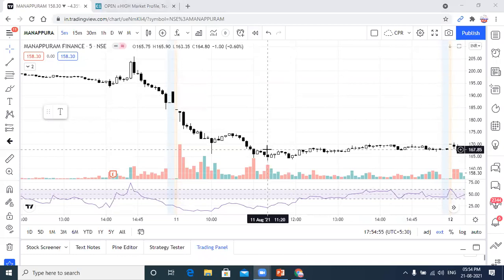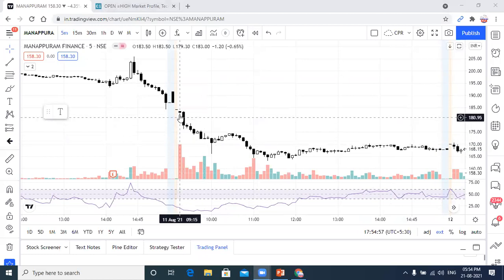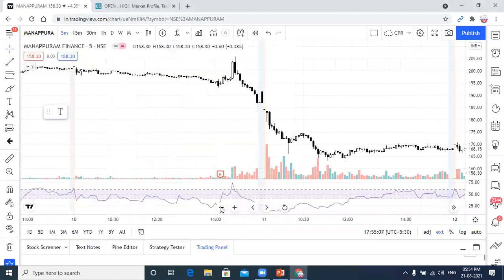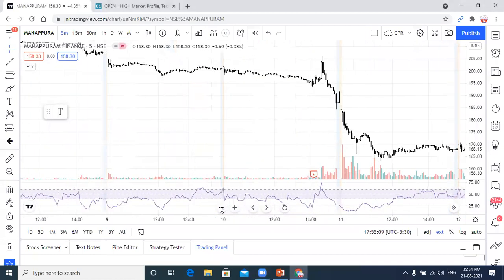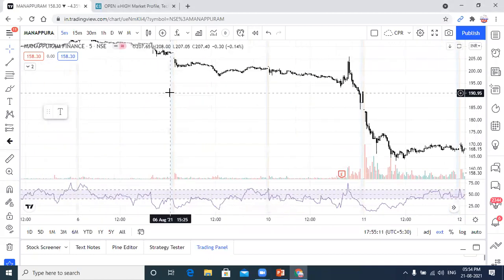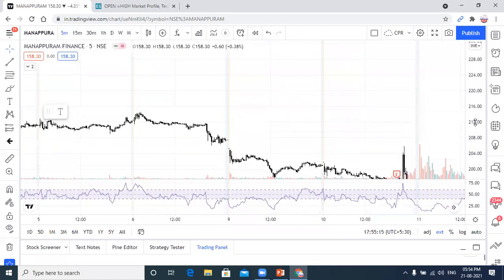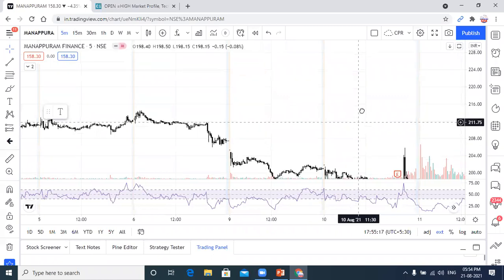Perfect. We got a setup on the 11th. So this was the setup. First candle low, go short, and you can see we are getting a one-sided trade. Okay, let's go back and again check if we have a setup. Any setup, guys, if you can identify.